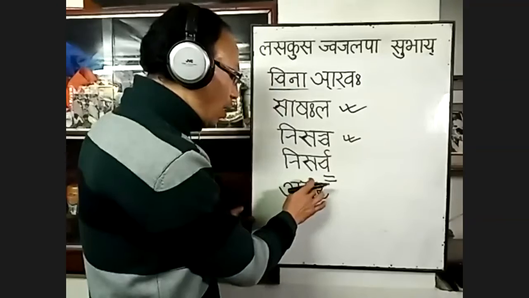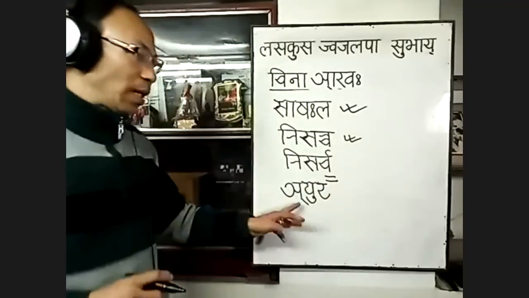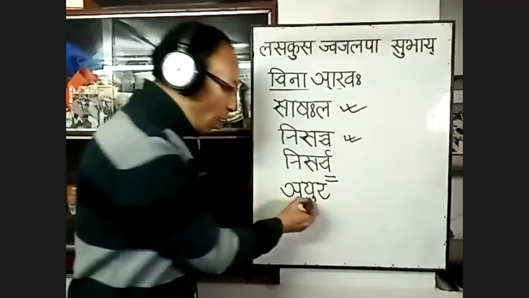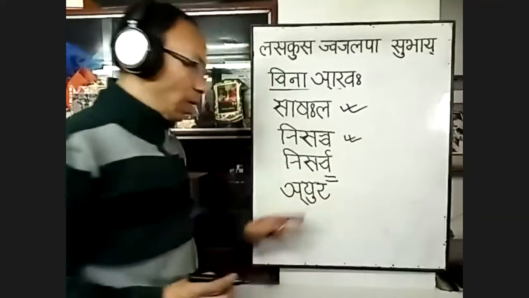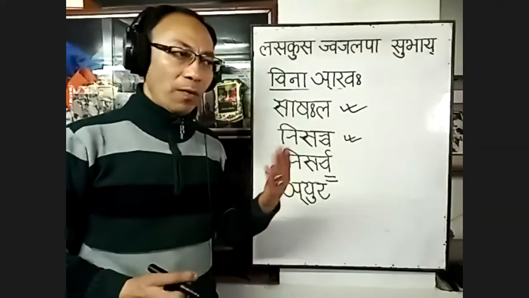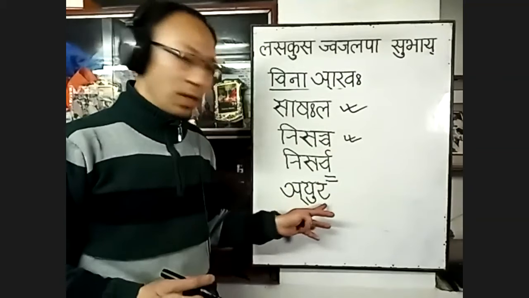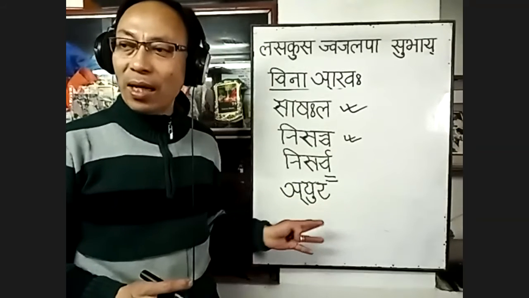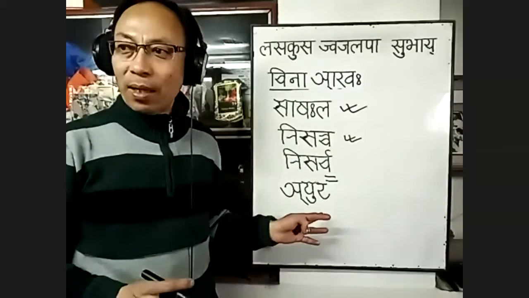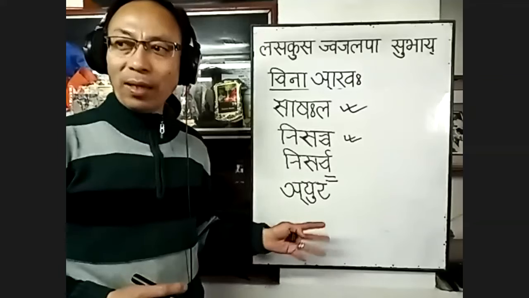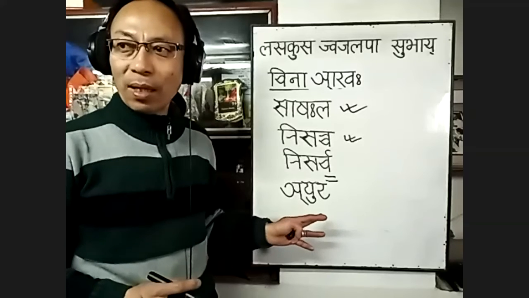So in general, this is okay because this da and ta is mostly used for the English D and T. This letter is used mostly in Hindi and in Nepali, right? Am I saying correctly?